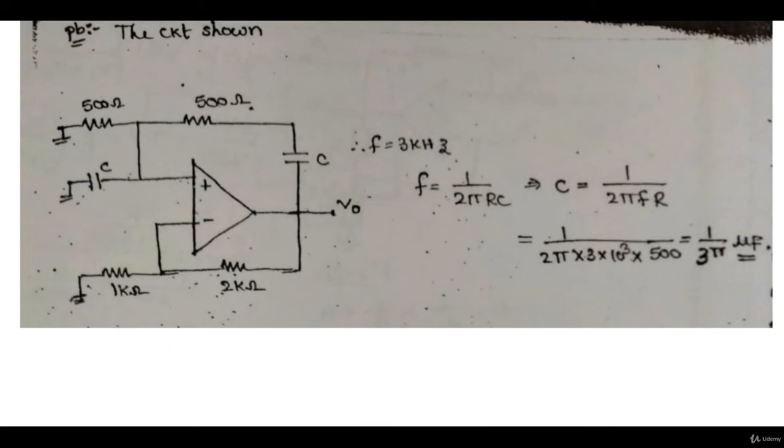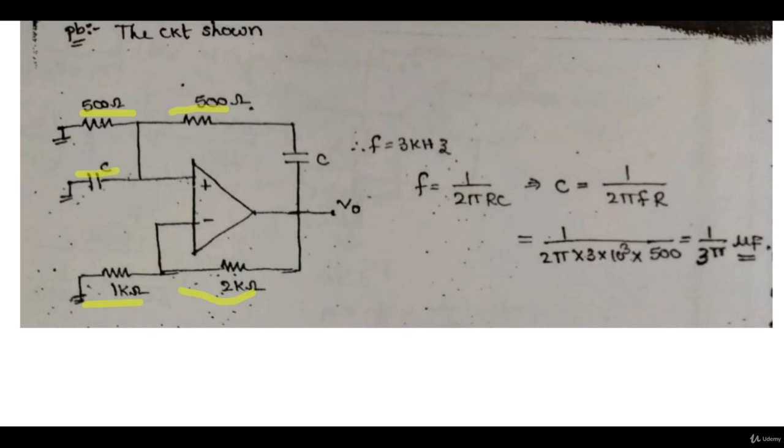Now let's look at a simple example. You can see here there is a resistance R, a second R, and R1 and R2, 500 ohm. Then there is a capacitor. These are the resistances 2 kilo ohm and 1 kilo ohm.